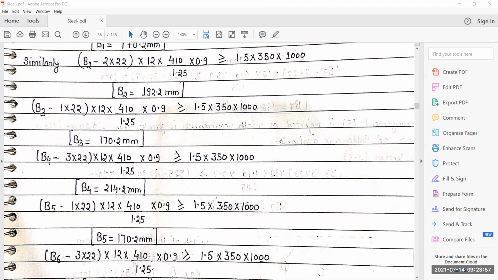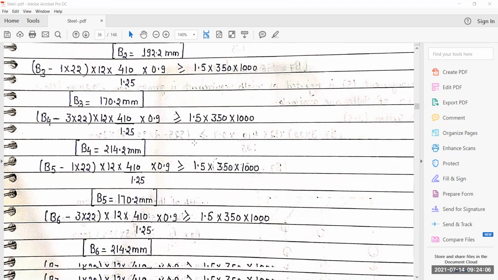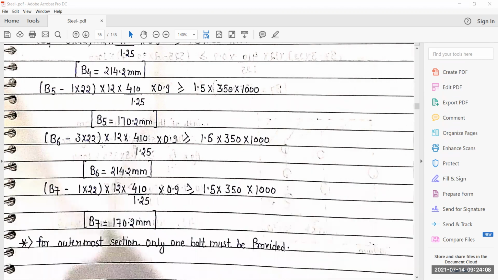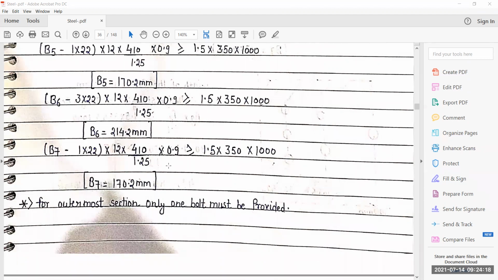So B5 equals 170.2 mm. Okay, then B6, 10 into 22 into 12 into 410 over 1.25 into 0.9, equal to 1.5 into 350 into 1000, the same. So B6 is equal to 120.2. Okay, same for B7. B7 gives a result of 120.2.